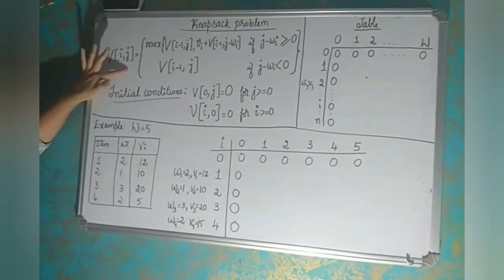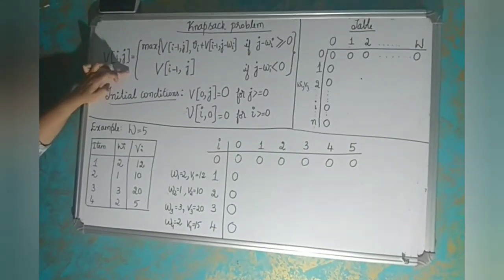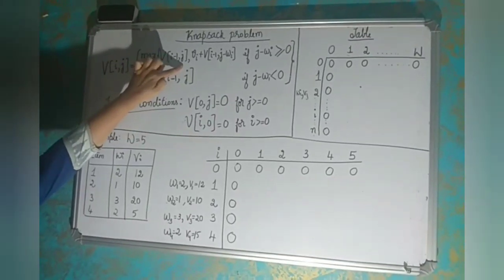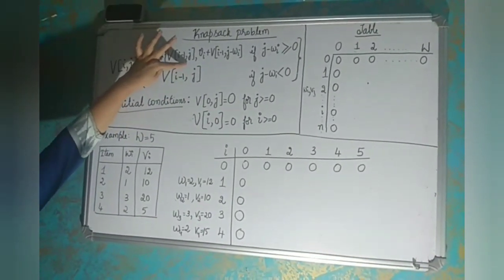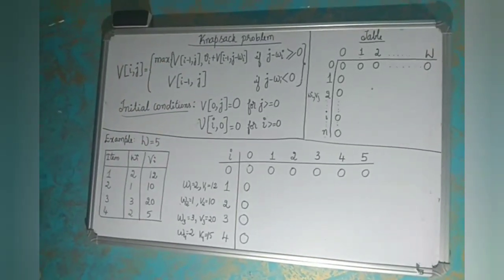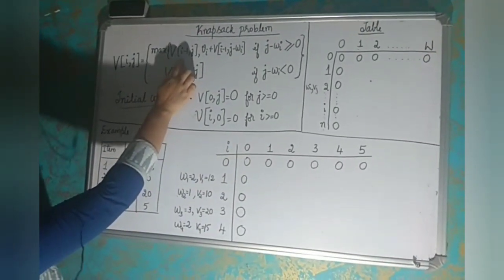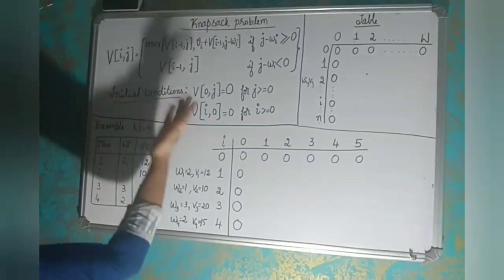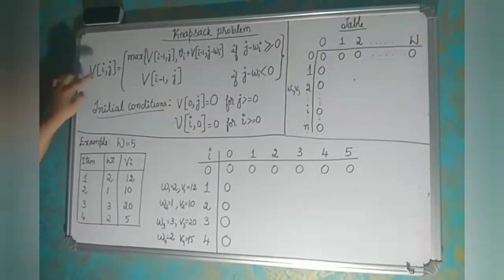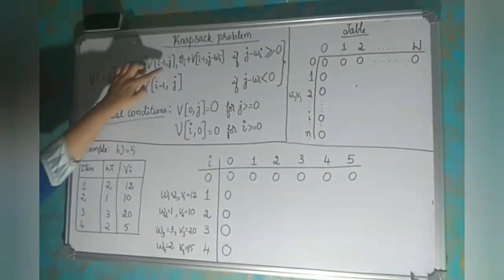V of i, j is equal to max of V of i minus 1, j. Now, what is i minus 1, j? i represents the row. V of i minus 1, j means the value of the previous row, and the column is j itself.